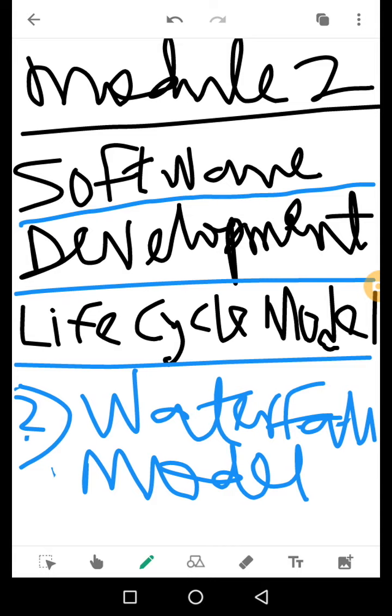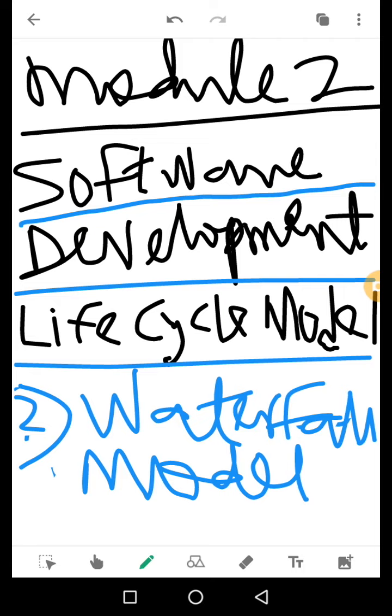Don't forget that we started with number 1, the general model, where the deliverables needed by the next phase are produced by the previous phase. For the general model, the previous phase will be converted to the next phase.